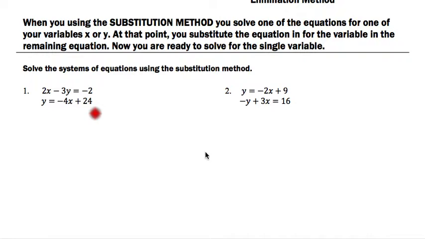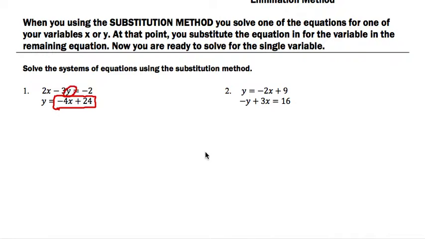So if y is equal to negative 4x plus 24, then that means that y is the same as negative 4x plus 24. So we can take this expression here that y is equal to, and we can substitute it in place of y in the other equation.